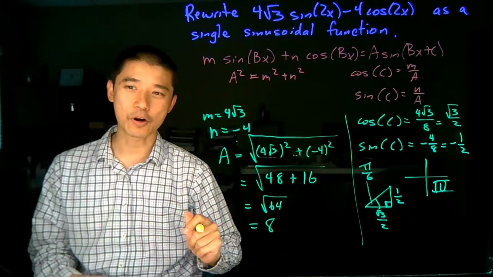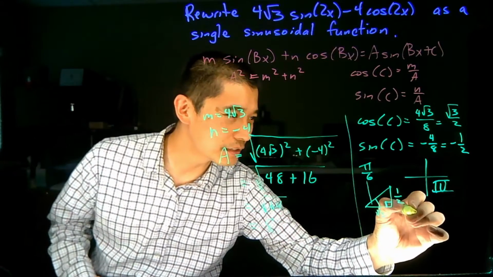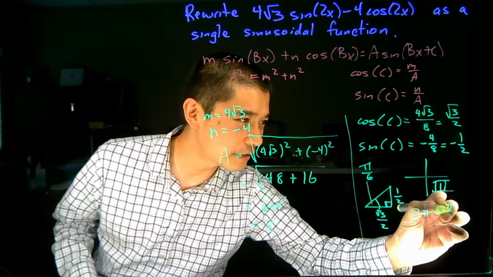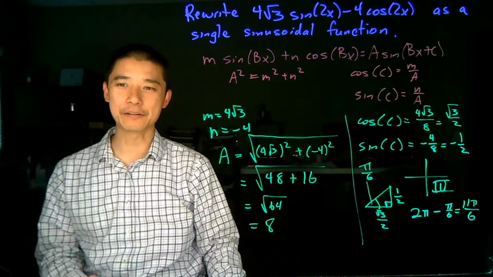Since we're in the fourth quadrant, we have to go all the way around and then come back by that reference angle. And so 2 pi minus pi over 6 is 11 pi over 6, and this is going to be our value of c.